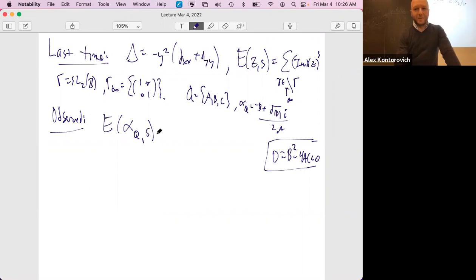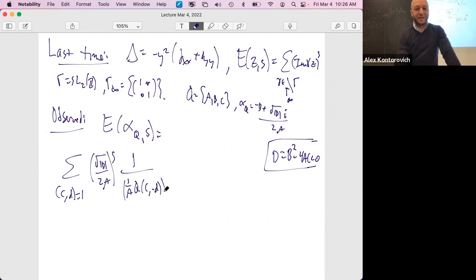It's this sum over bottom rows, C and D coprime. The imaginary part of z to the s, the imaginary part of this is root D over 2A to the s. I'm just reminding you of the calculation. And then 1 over norm of Cz plus D, where z is alpha Q. And this is what we saw came out to be 1 over A times Q of C, negative D, all to the s.